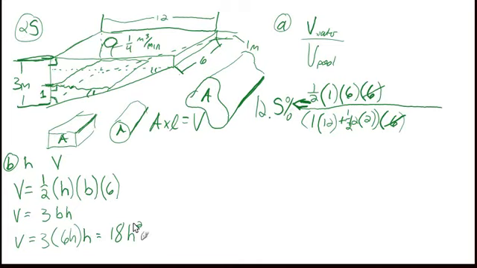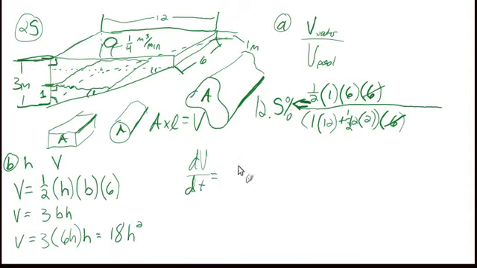If I knew the depth of the water, I'd be able to find its volume. But what we really want is to find out something about the rate of change of the height. So let's take the derivative with respect to t of both sides. So dV/dt is how fast the volume is changing with respect to time. Then we take the derivative of this side with respect to time.